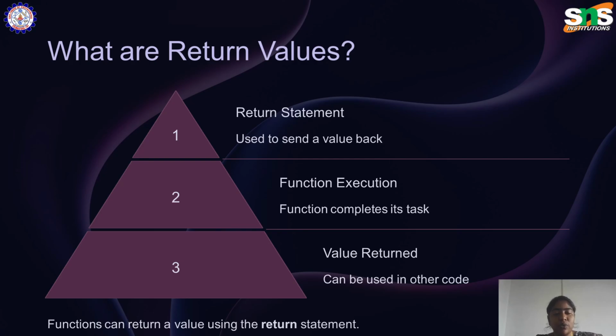Addition is equal to add of a comma b. Then if we give the input 4 comma 5 instead of a comma b, then it will print 9. In this example, the function returns the product of a and b. The returned value is stored in the variable product and printed.